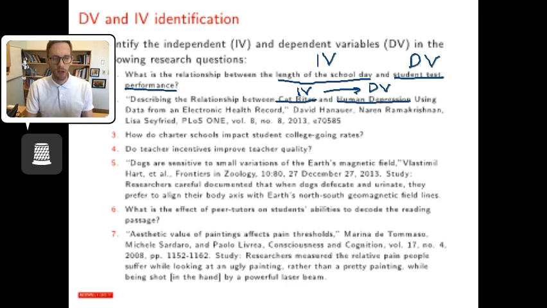Number 3, how do charter schools impact student college going rates? In this case, charter schools would be our independent variable, whether or not you're in a charter, and student college going would be the dependent variable. In a lot of these charter studies, they set up quasi-experiments where some students don't win the lottery into a charter school.